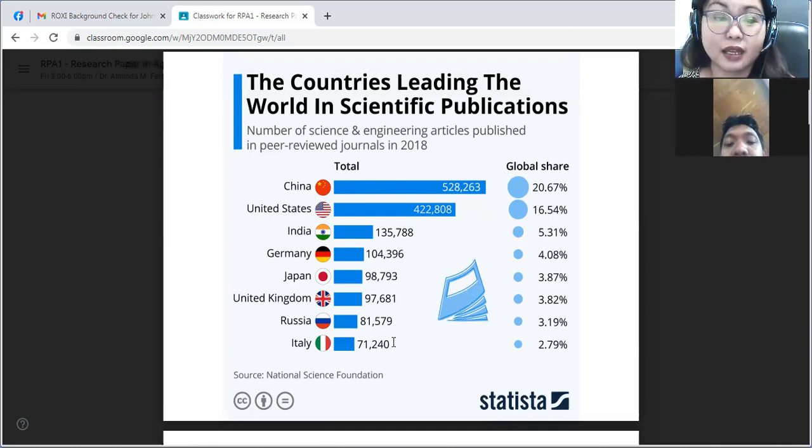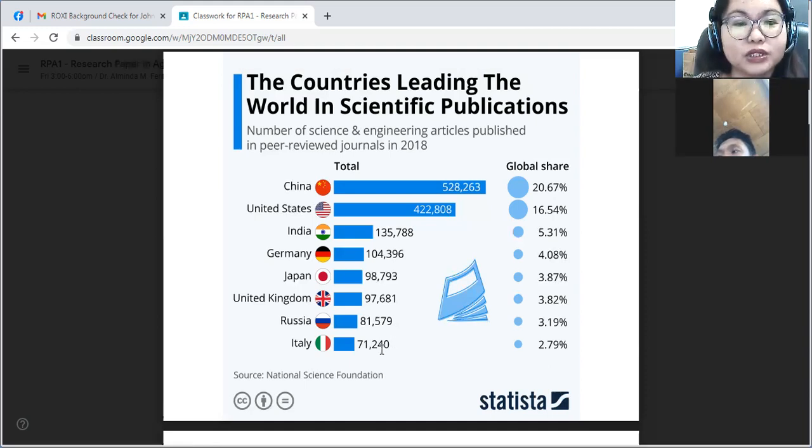Unlike us, Filipinos were originally slaves for how many years, and thank God now, no longer. So we should be able to raise up our scientific publication.